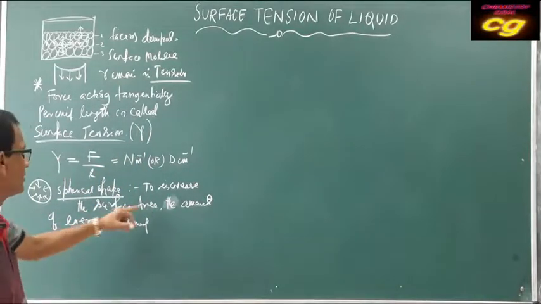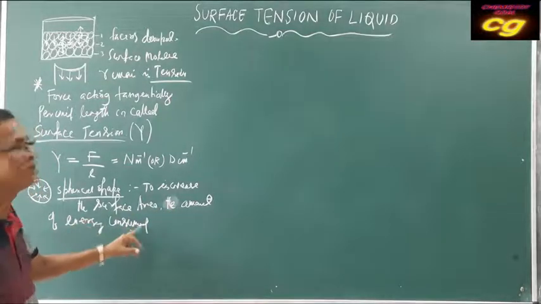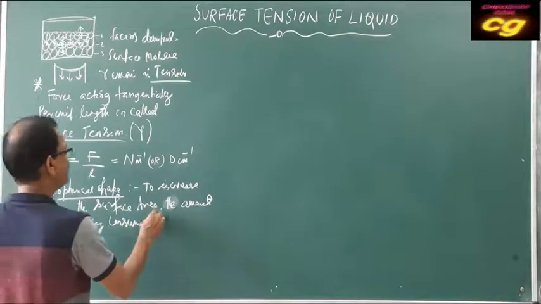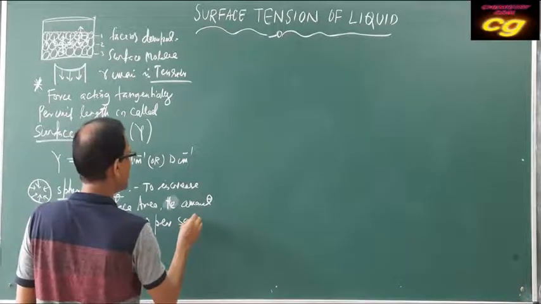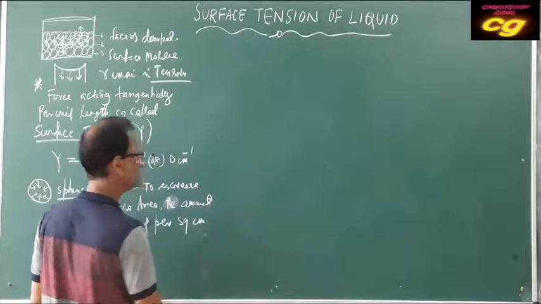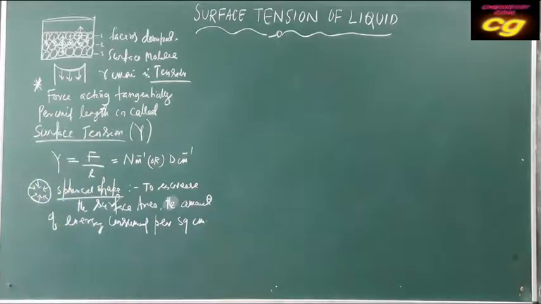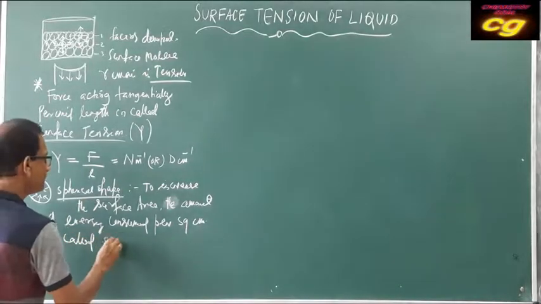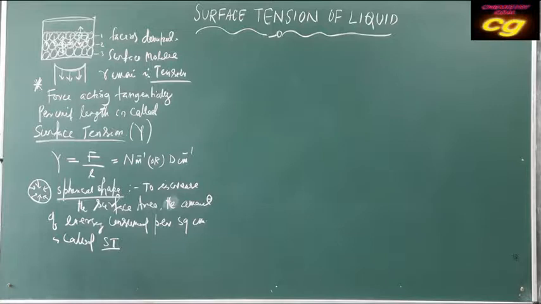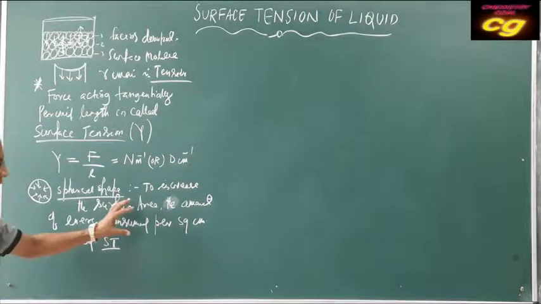To increase the surface area, the amount of energy consumed per square centimeter is also called surface tension. So surface tension can also be defined in terms of energy.